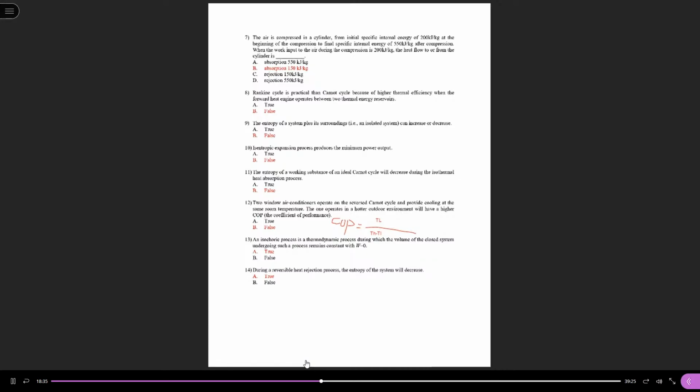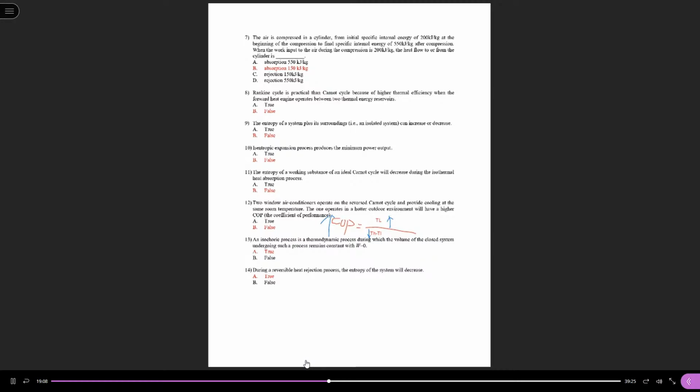If we want to increase COP, then we need to increase the low temperature, which is the evaporating temperature, and we shall lower the condensation temperature, the high temperature. For this case, a hotter outdoor environment means the high temperature is higher.